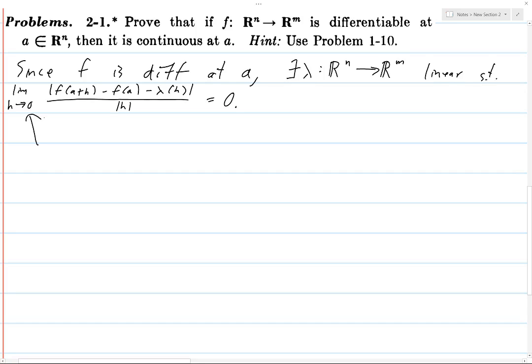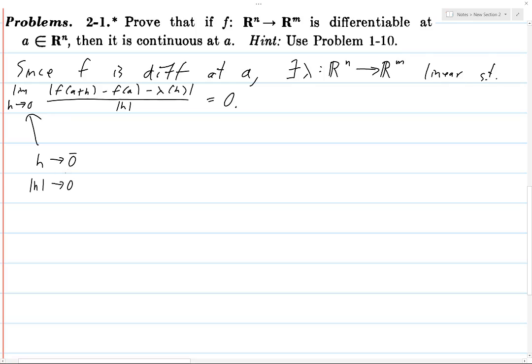If you want to be really specific in your writing, you would keep in mind that h is a vector and not a real number. So you would really need to write either h as a vector approaches the 0 vector, or the norm of h approaches the number 0.